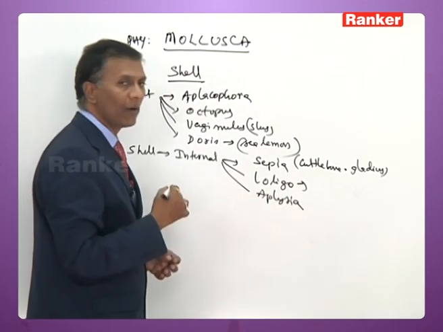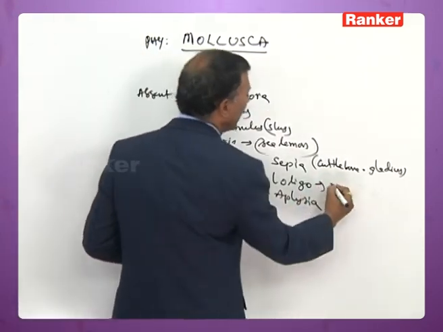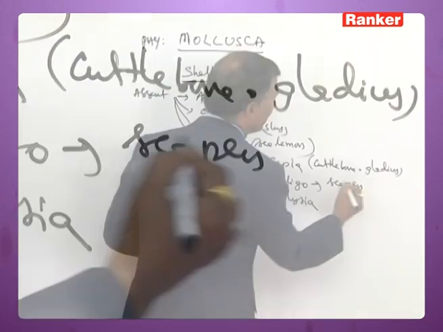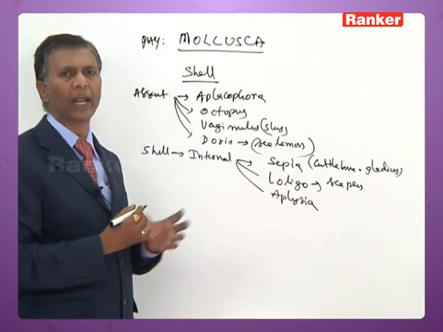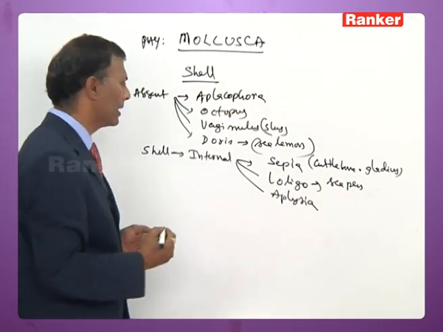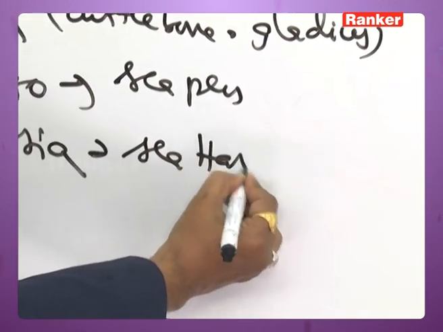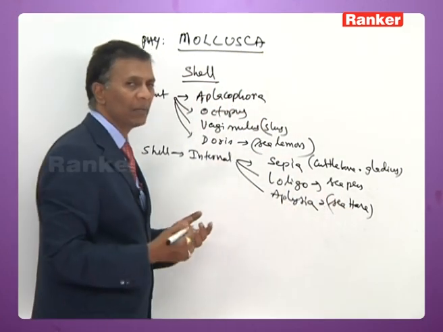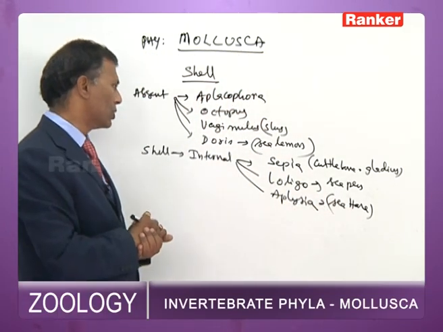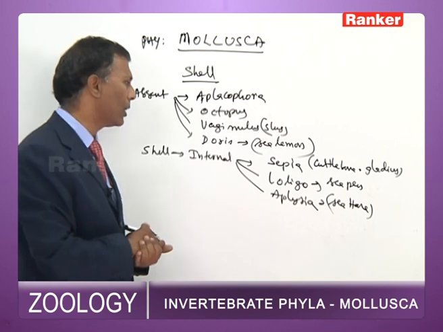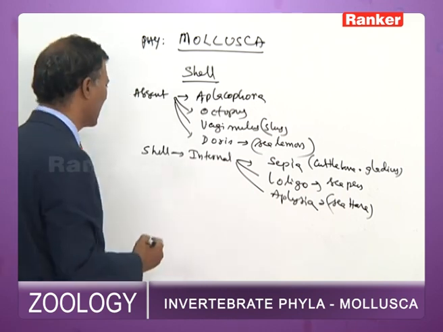Loligo is commonly called sea squid and its internal shell is called sea pen. Aplysia is commonly called sea hare. Even that has an internal shell, but it has no specific name. So internal shell is present in sepia, loligo and aplysia.